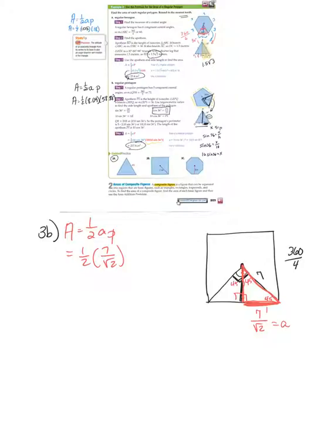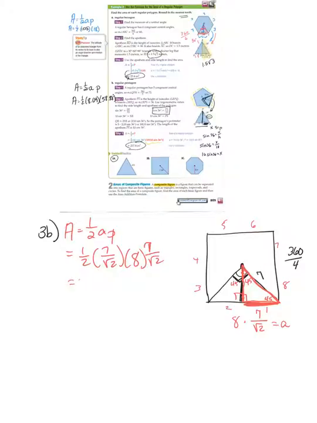Well, here's 1, 2, 3, 4, 5, 6, 7. So I've got 8 of them, which will give me my perimeter.